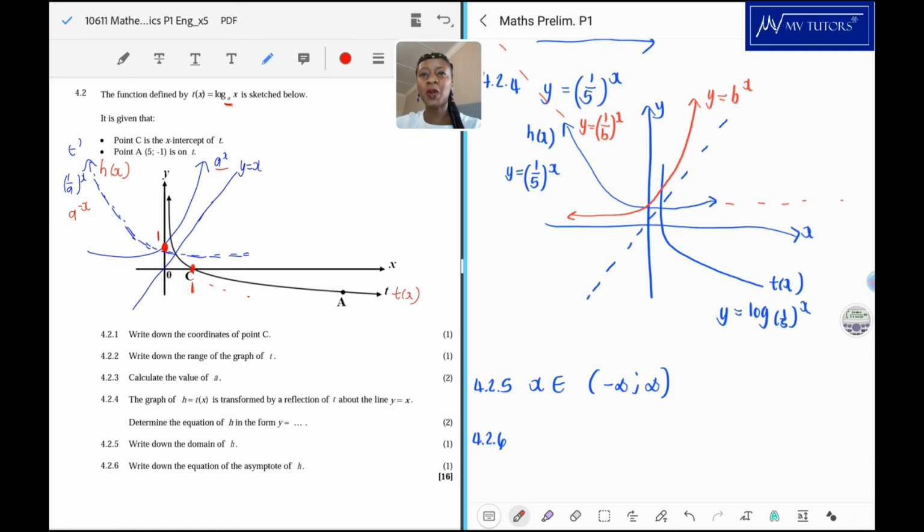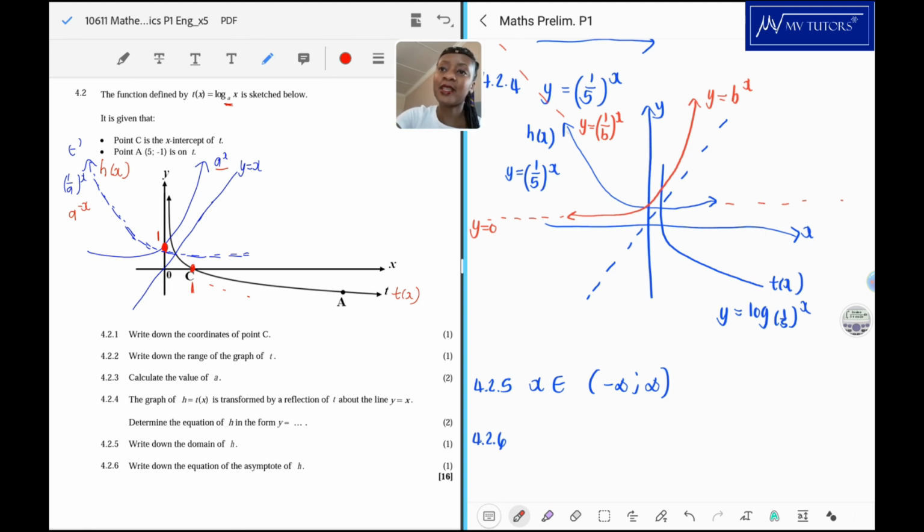The original one is y is equal to b to the power x, right? And if you're going to get the asymptote, this graph tries by all means to touch the x-axis, but it can't, and it won't, it never will. So therefore, its equation of the asymptote is y is equal to 0.